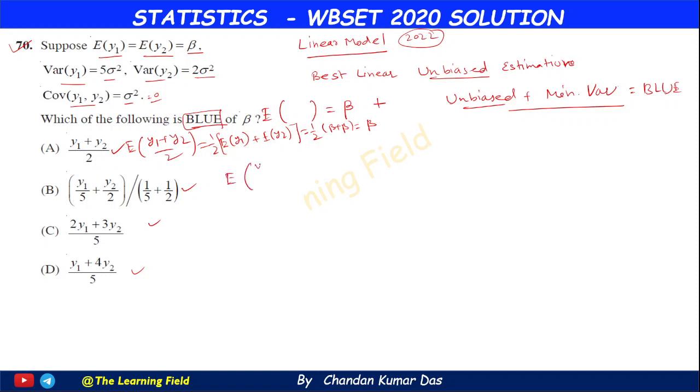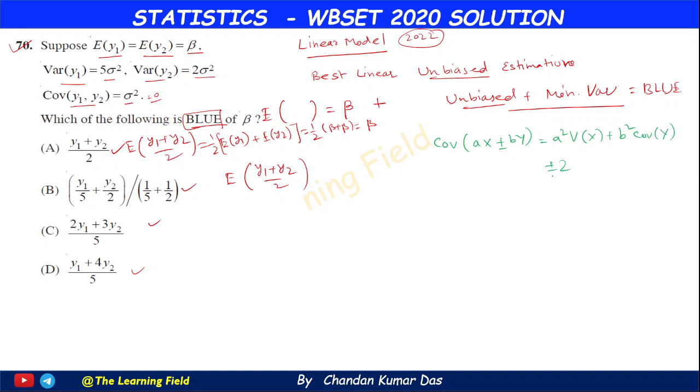Okay, so for (y1 plus y2) by 2, one thing is needed, which is the formula of variance. For any two random variables x and y, the variance of ax plus minus by is equal to a square variance of x plus b square variance of y plus minus 2ab covariance of x and y.